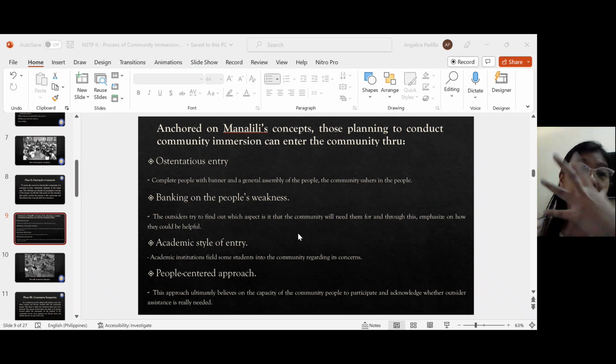So not really the entire community, not really the entire population, all the people living in that barangay, ang maka-receive ng ating service. Pero from identifying their weakness through our needs assessment survey, from identifying their needs, ayan, yung problema nila, yun lang yung i-cater natin. Dito tayo sa banking on the people's weakness.